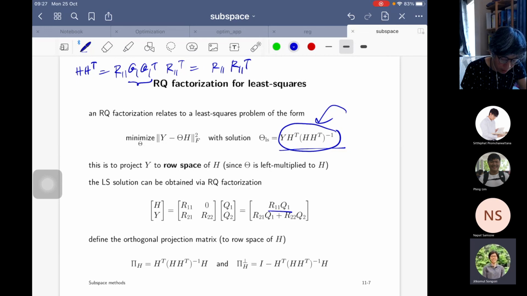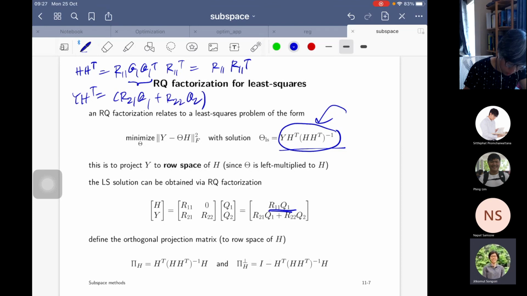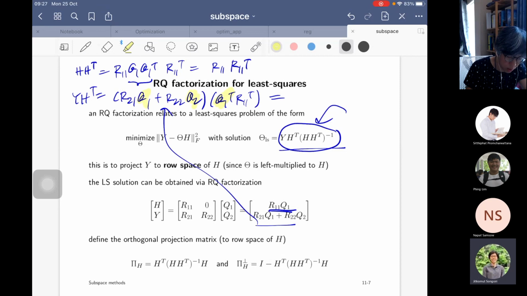Next I'm going to calculate YH transpose. YH transpose is going to be R21 Q1 plus R22 Q2. I put it here. And my H transpose is going to be Q1 transpose R11 transpose. Now I'm going to multiply everything out. For the first term, I'm going to have R21 and R11 transpose.